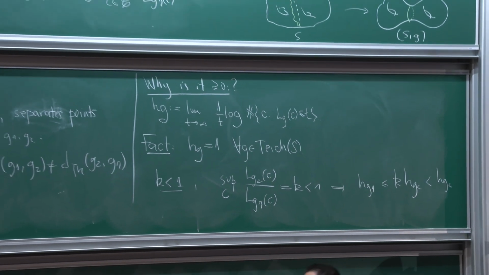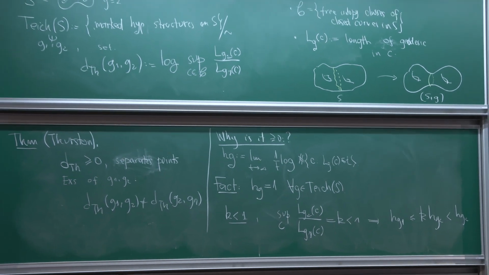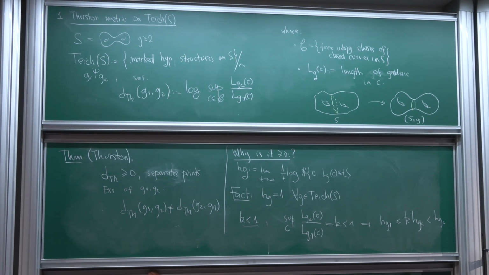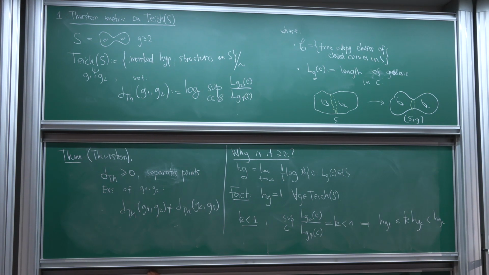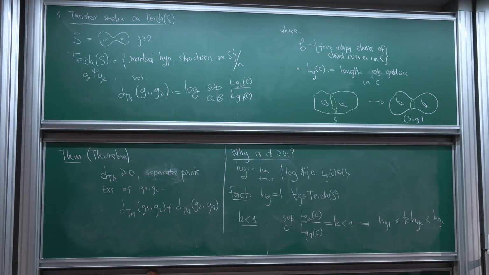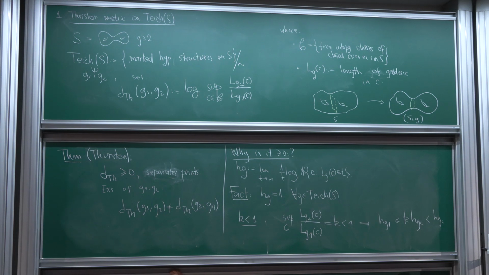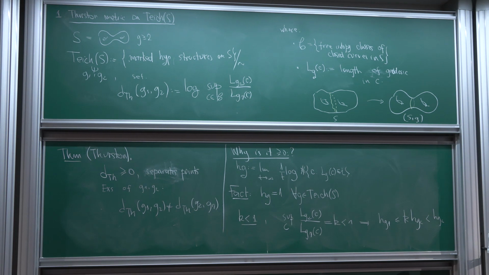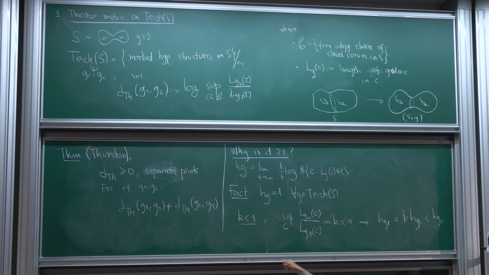Some features that Thurston proves, and I will be very vague, this is just motivation. There are many things going on in that paper, so I will probably forget some; don't take this as a summary of what Thurston proved. One thing is that there is another quantity that you can define for a pair of metrics.